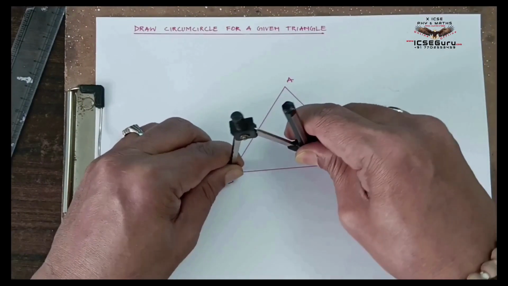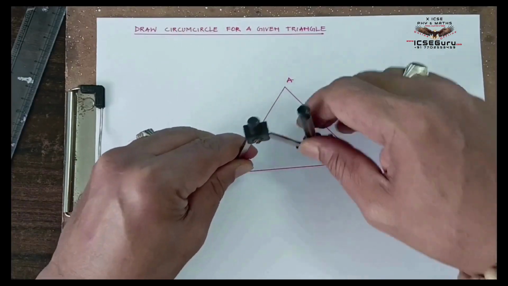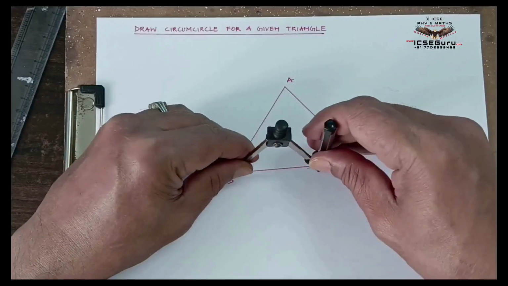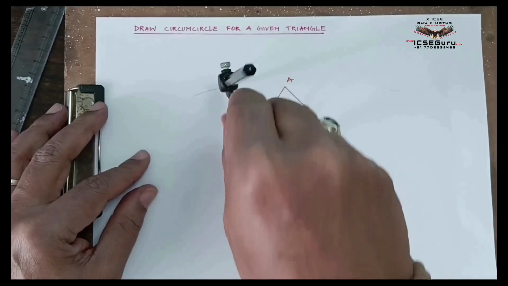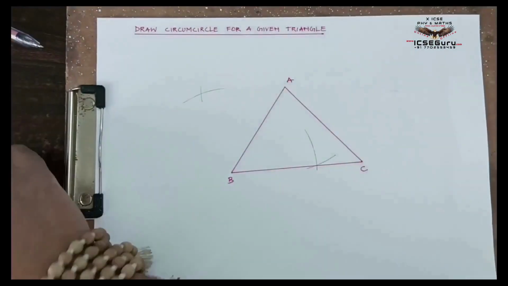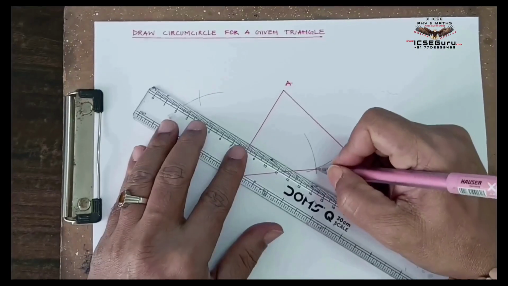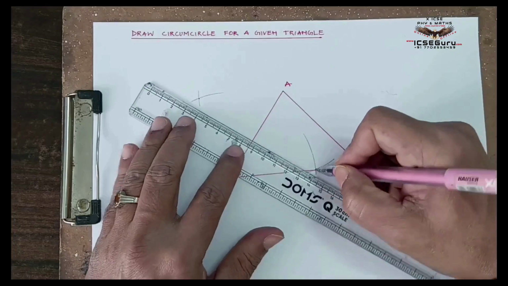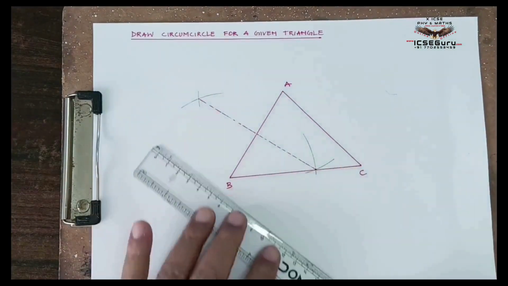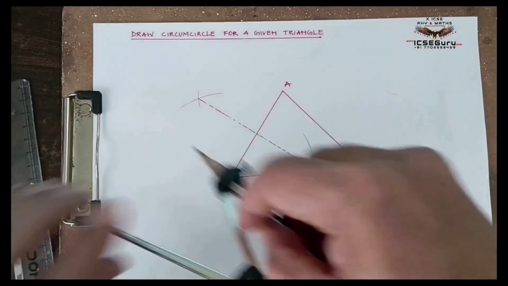I am bisecting the side AB and BC. This line bisects the side AB of the triangle.